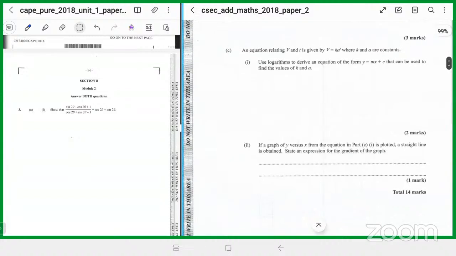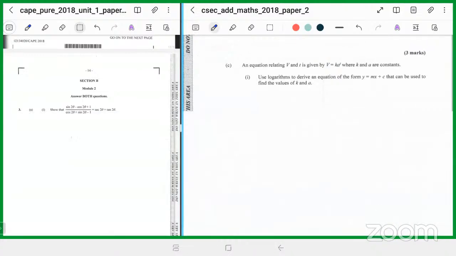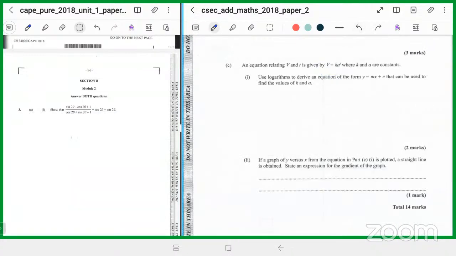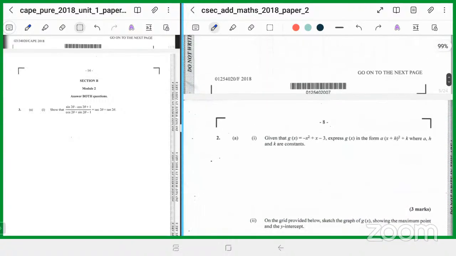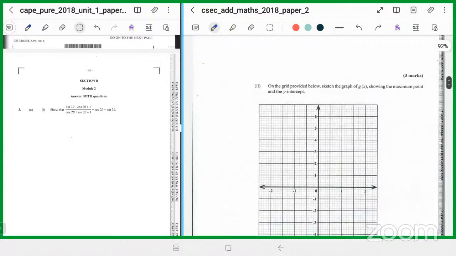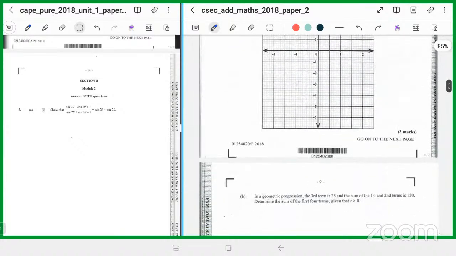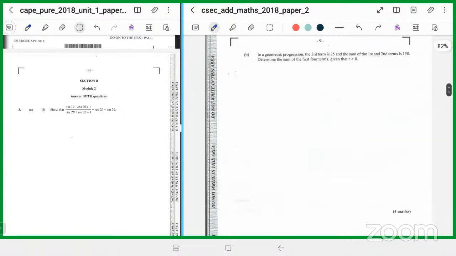It's a logs question, but we don't do this part of it yet. It's a linear reduction. I don't do that yet. Do this part in linear reduction. So I think that's it. Not on this paper.